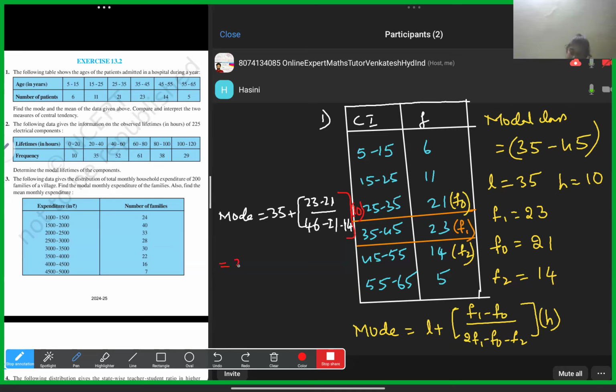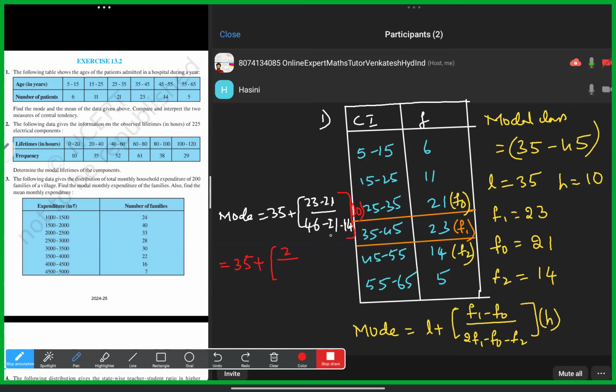So 35 plus, numerator, how much, Hasni? 23 minus 21, 2. Denominator: 46 minus 21 minus 14. You can do it two ways, Hasni. Minus 21 minus 14, both negative, you can add them and subtract from 46. Or you can do two subtractions, 46 minus 21 once and then the result minus 14, whichever is convenient for you.